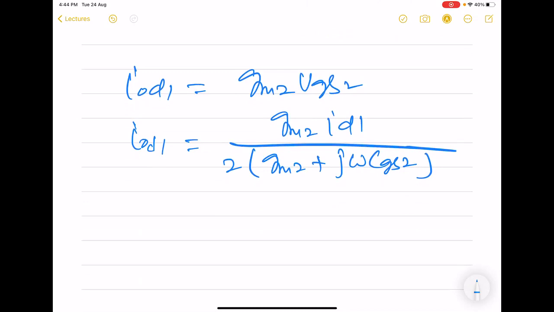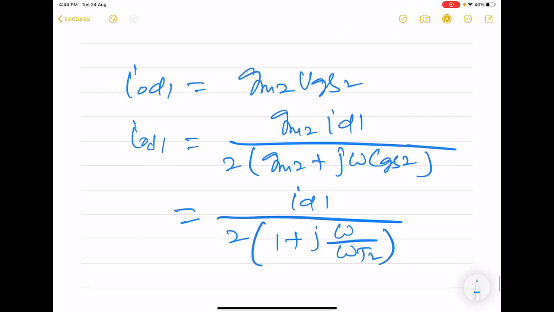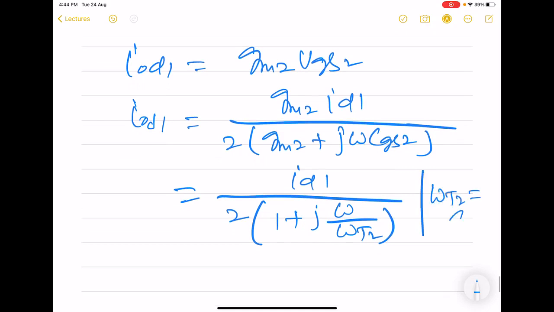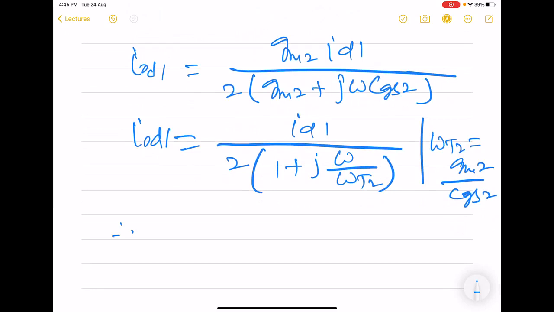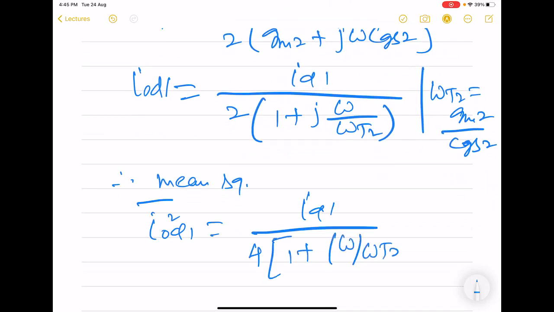So we can take gm2 common, and we will get 2 into 1 plus j omega by omega T2, where omega T2 is gm2 by CGS2. Therefore, mean square current IOD1 is ID1 by 4 into 1 plus (omega by omega T2) whole square.